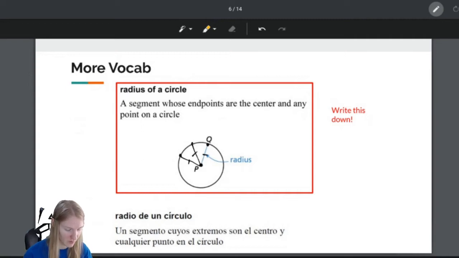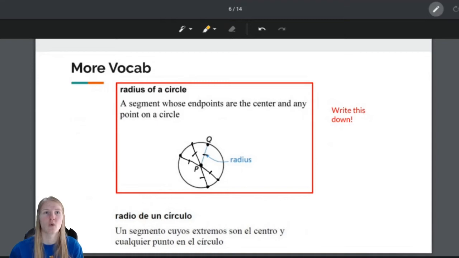One of the points is P, and the other point is anything on the outside of the circle. Now the radius always stays the same. We don't have a changing radius, otherwise we don't have a circle. So when we have a fixed radius, if my radius is 2 centimeters, every point on the outside of the circle has to be 2 centimeters away from the center.